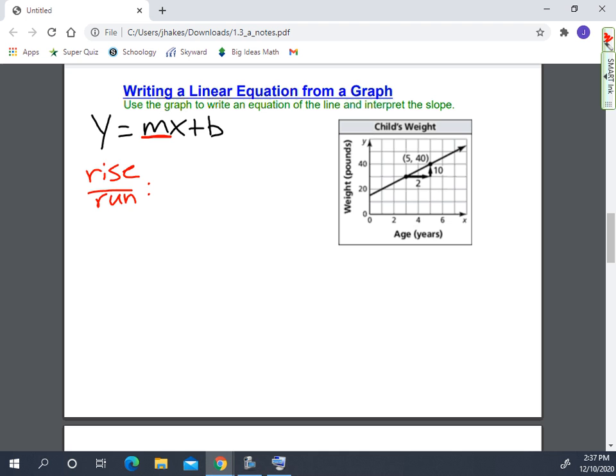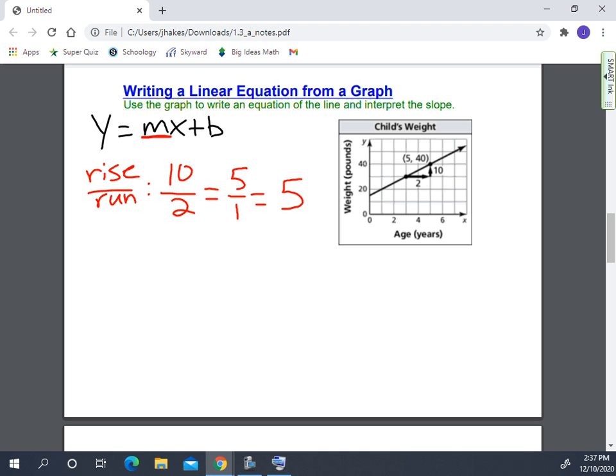So our rise, how far it goes up, is 10 over our run, which is 2. We can simplify this. 10 divided by 2 is 5 over 1, which is basically the same thing as 5. So there's our slope, 5.